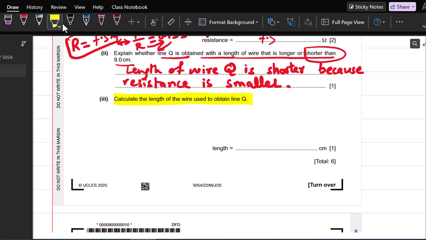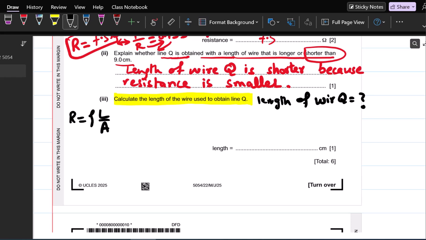Now here we have to calculate the length of wire used to obtain line Q. In simple words, we have to find the length of wire Q. So we know R is equal to rho L over A, and in this part, the area and the resistivity of the material are the same, so we can use directly that R is directly proportional to length.